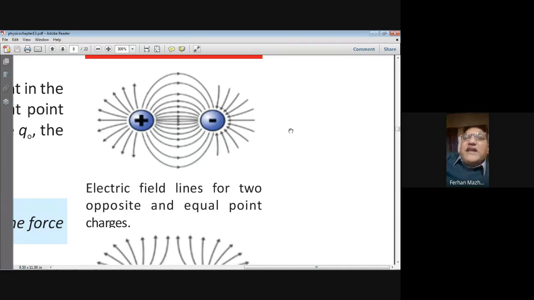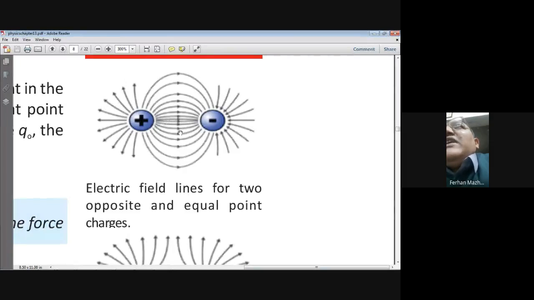When you bring two charged bodies, one positive and the other negative, close to each other in front of each other, the electric field lines coming from the positive will radiate out and start going into the negative. So in the middle, you can see the electric field has become very strong.